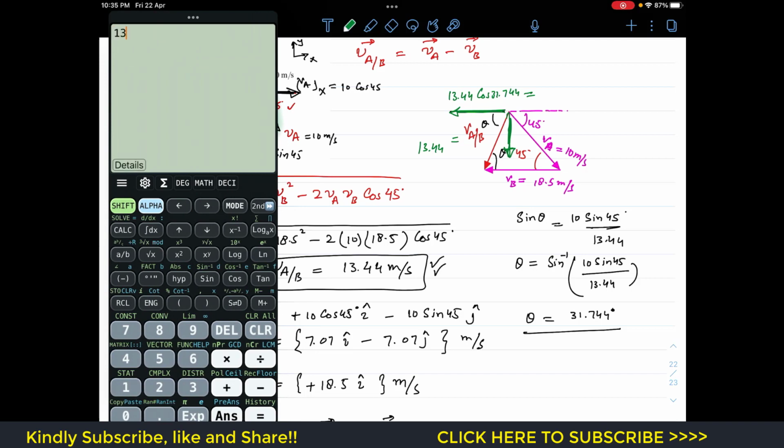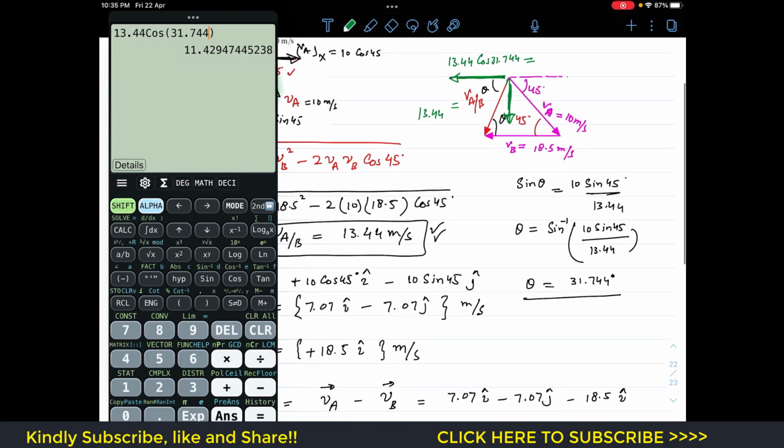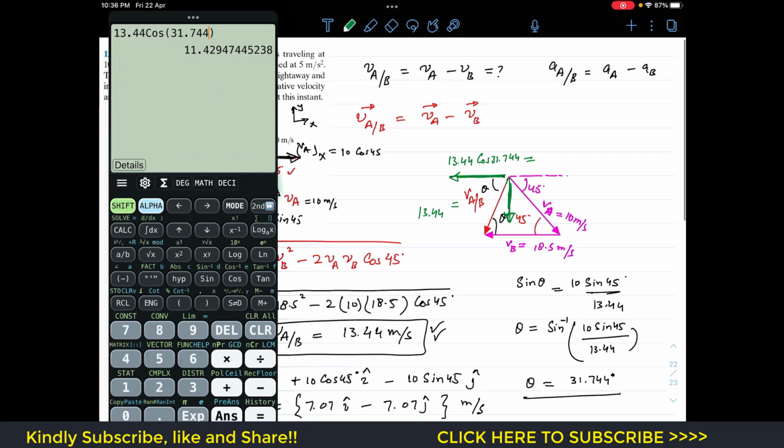So if we determine this, 13.44 cos of 31.744 gives us 11.43 approximately, that we have obtained from that vector addition.